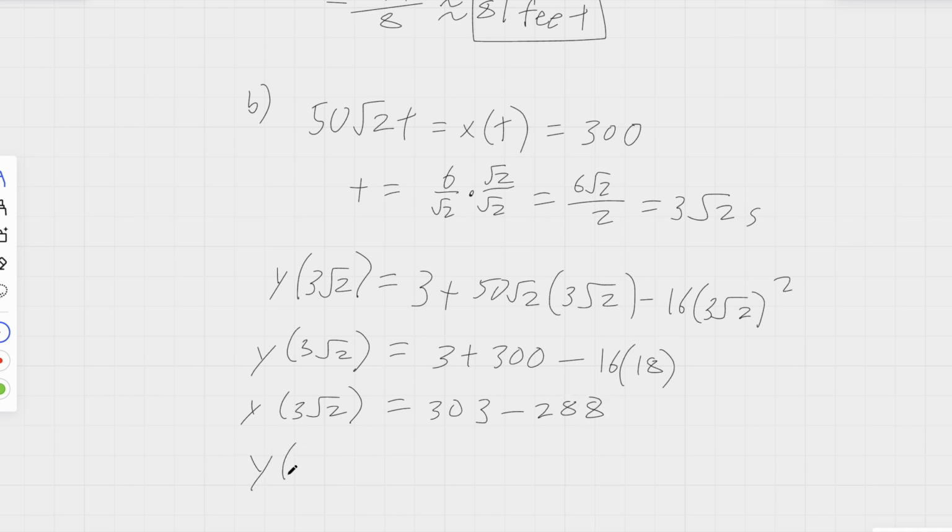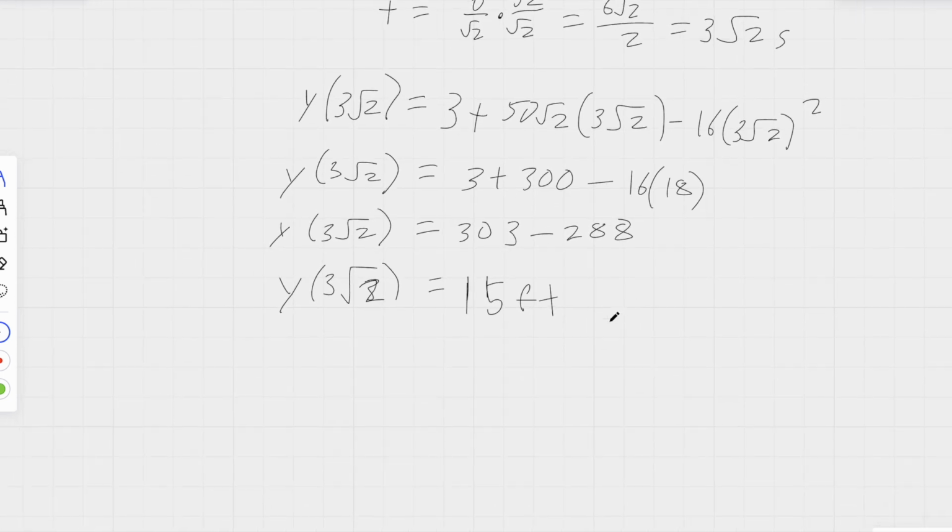This means the height of the baseball at 3 root 2 seconds, which is when the ball is 300 feet out, will be 15 feet. Since the ball is at 15 feet when it reaches the fence, it will clear the 10-foot fence. So yes, it will clear.